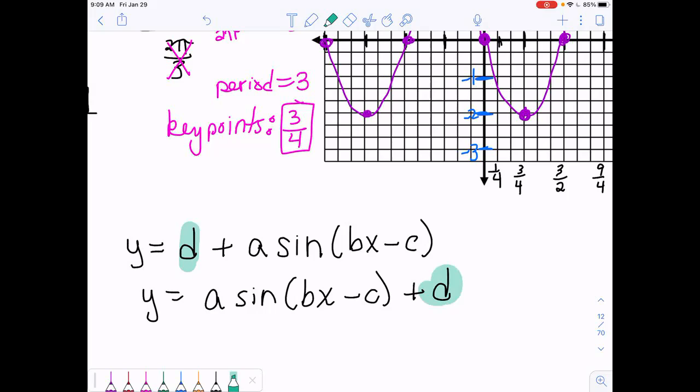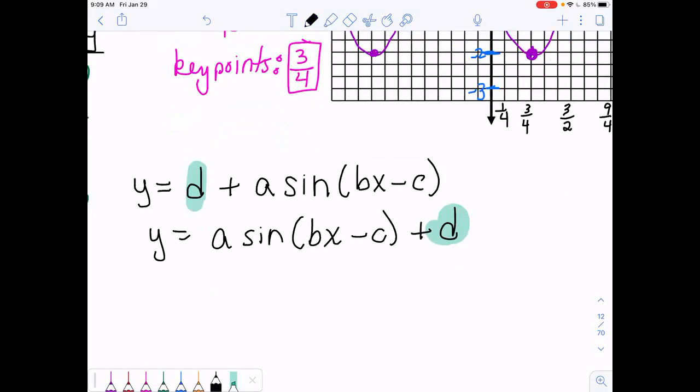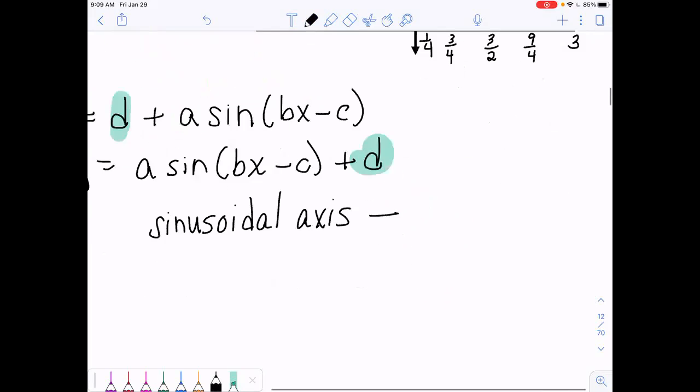So that would be my K if I had a parabola, adding it up or down, shifting it up or down. It's the vertical shift of the graph. That's the sinusoidal axis, so that fancy name. The middle of the graph is the sinusoidal axis.